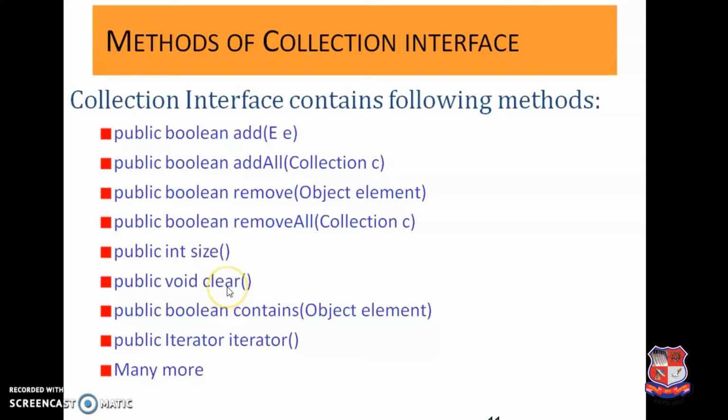With clear, you will be able to clear the entire collection. You can also search for an element in a collection by using the contains method. The most important method of collection interface is iterator. It will return an iterator object. We'll learn about iterator in the next slide.